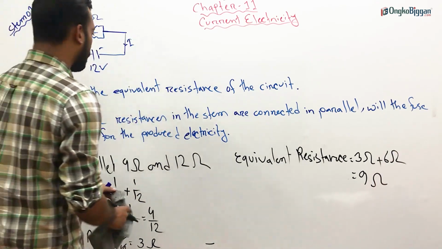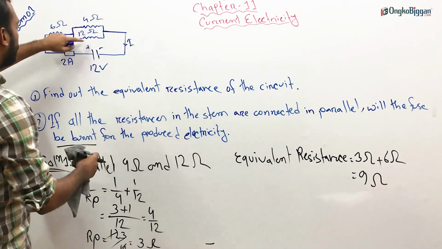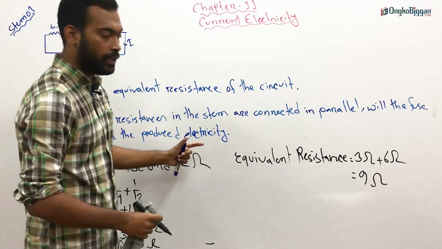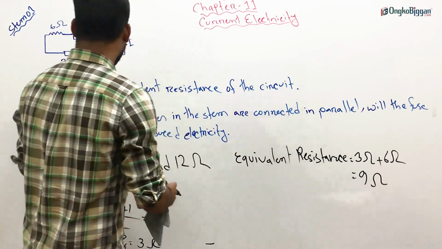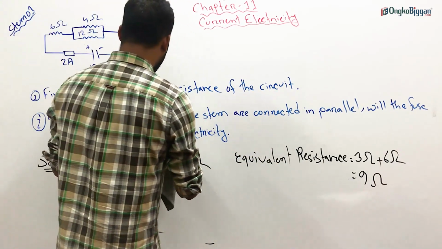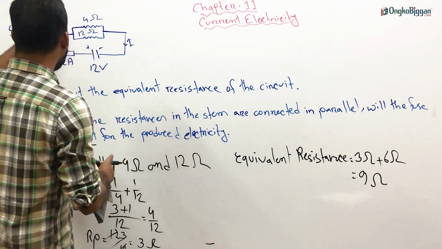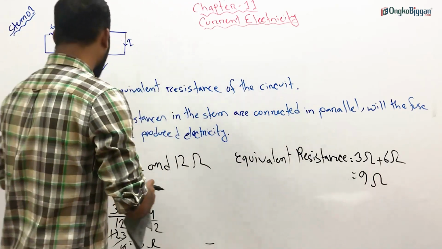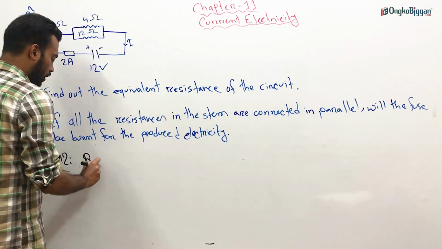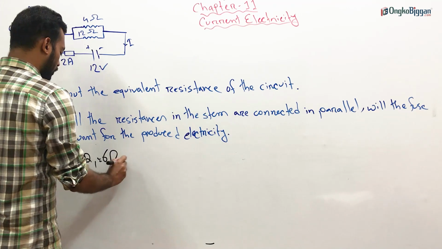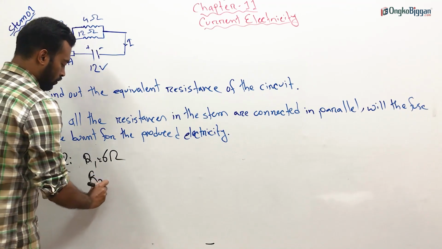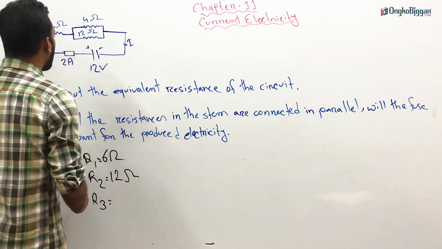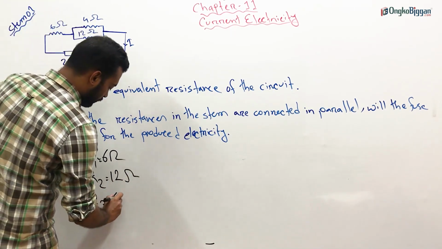So first let's assume that all three resistors are in parallel connection, and then find the equivalent resistance. Then we check whether the current produced with the resistors in parallel will cause the electric fuse to go off. So R1 is equal to 6, R2 is equal to 12, R3 is equal to 4.